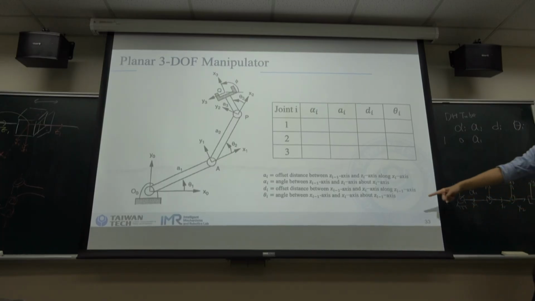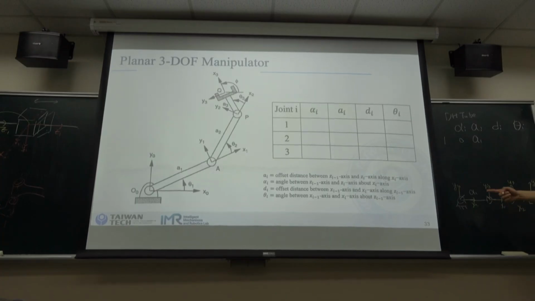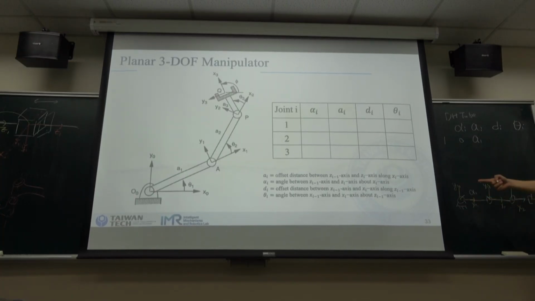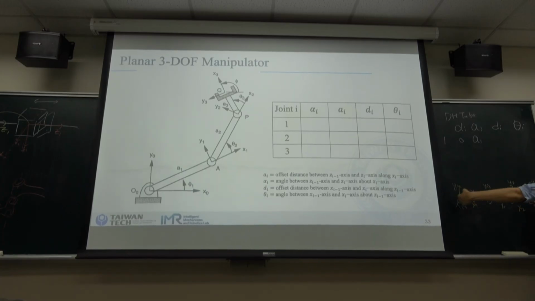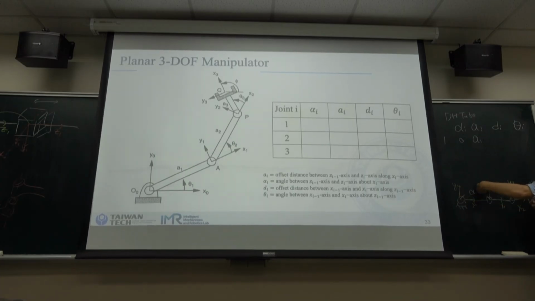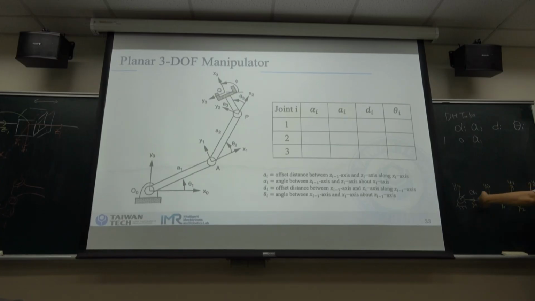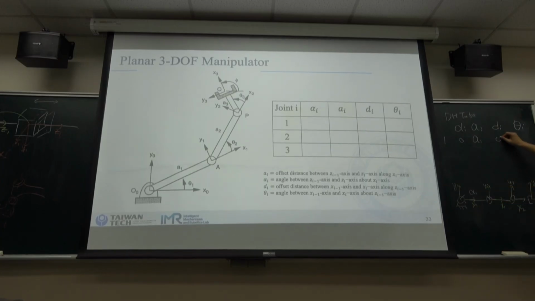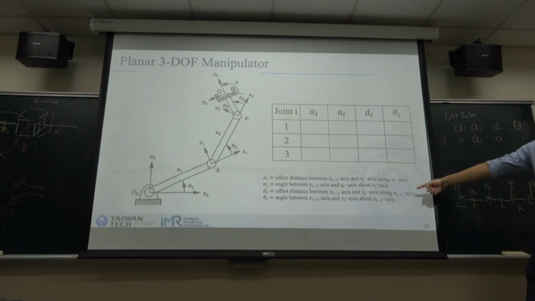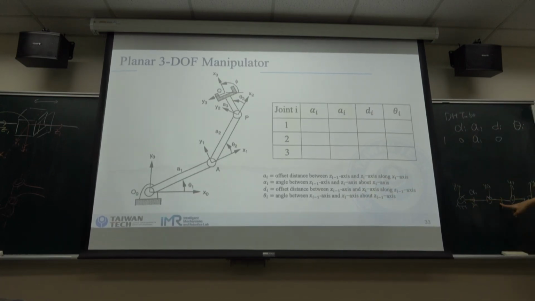And we can see the D. D is the offset distance between x0 and x1 along the Z. They are in the same line, so there's no offset distance on the z-axis. So it's 0. And theta is the angle between x0 and x1.